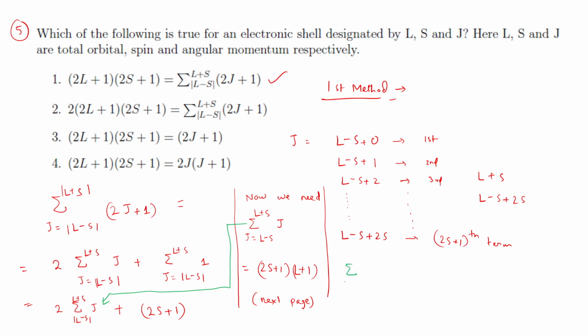sum over L minus S to L plus S of j plus 1. This is given by 2 times. So we will replace this sum by this quantity 2s plus 1 L plus 1 and plus 2s plus 1.